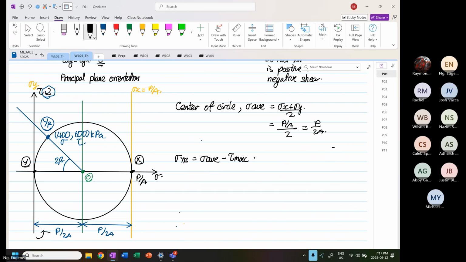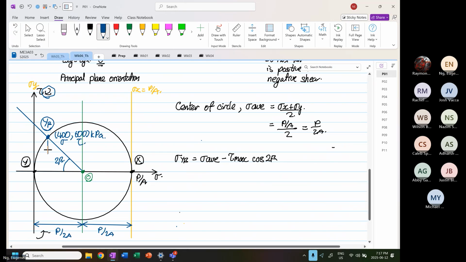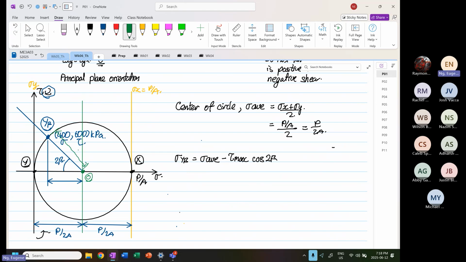Cos 2 beta, right? Why I have selected that is because this distance over here, right, this distance is tau max, because over here, this value over here, I'm going to draw in green, this is our radius, and our radius corresponds to our tau max.